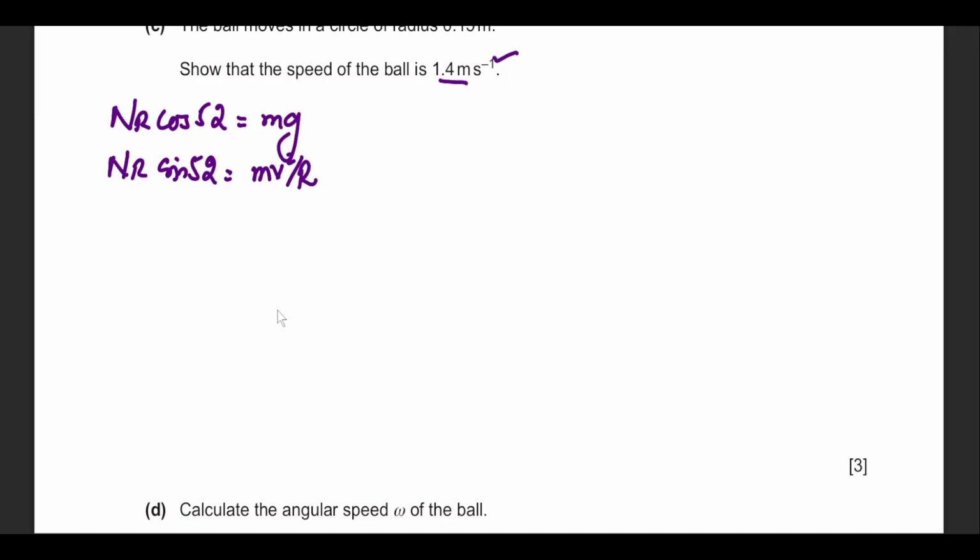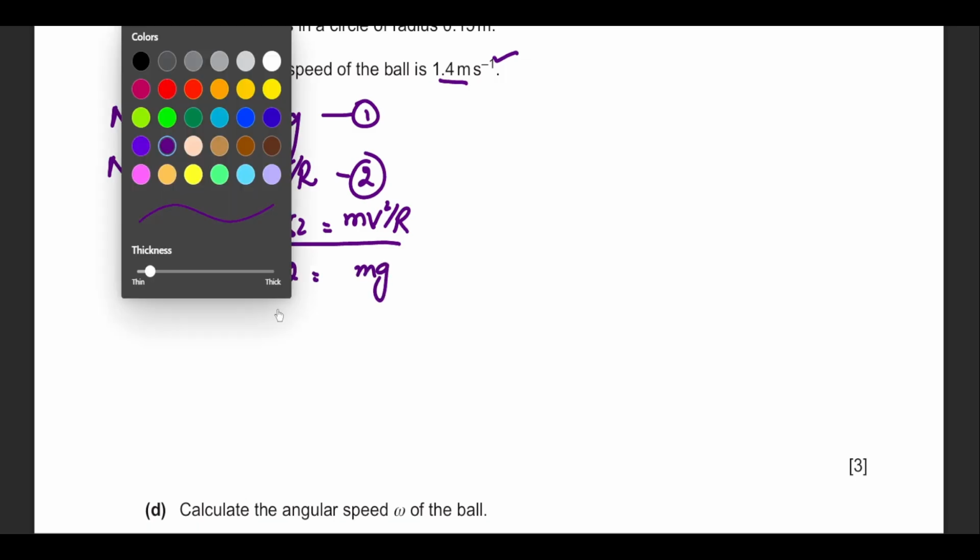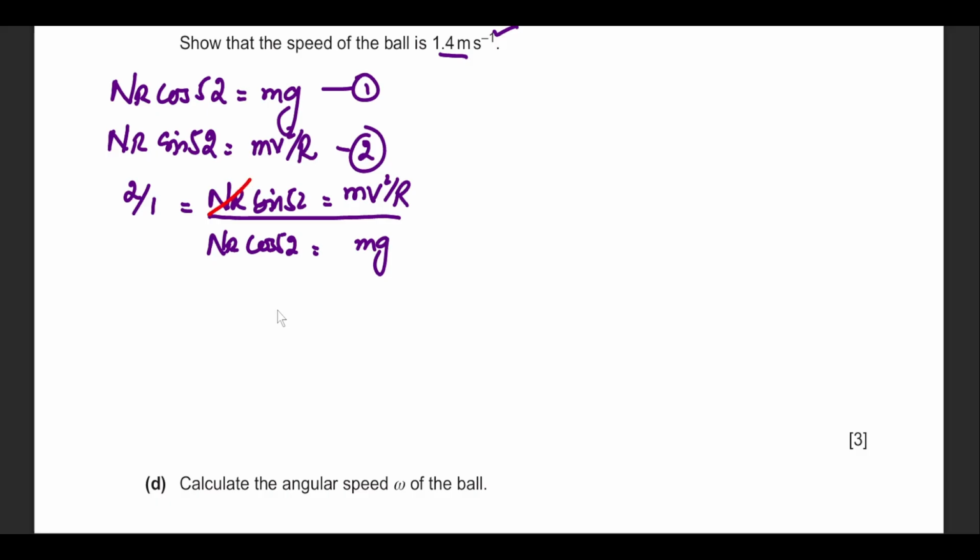by r. Now let's say this is equation number 2, and this is equation number 1. If you divide equation 2 by 1, you get N_R sine 52 equals mv squared divided by r, all divided by N_R cosine 52 equals mg. N_R cancels with N_R, and sine divided by cos is tan.